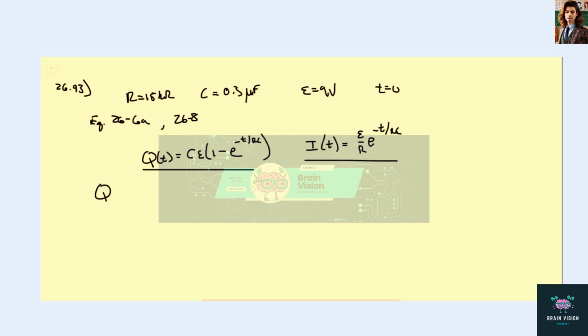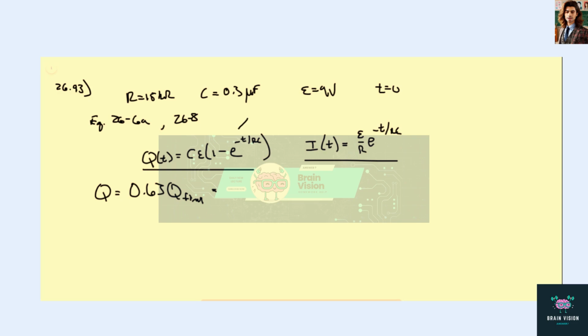So if we want the charge to be 0.63 Q final, well, what is Q final? That's the question.